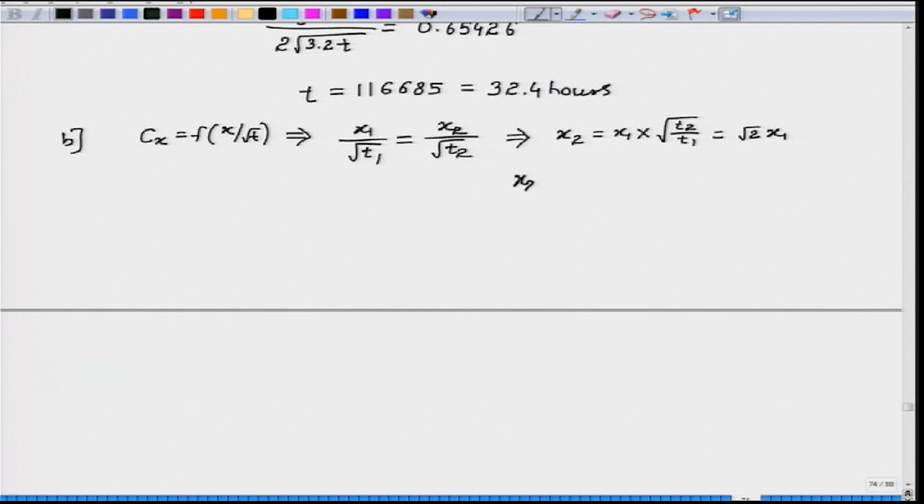So, x 2 is root 2 times the initial case depth of 0.8 mm, so x 2 comes out to be 1.13 mm.